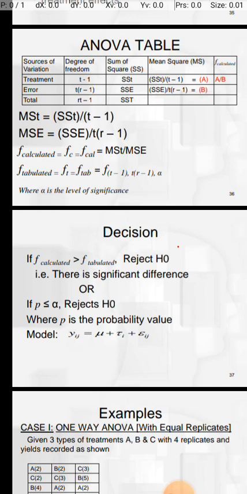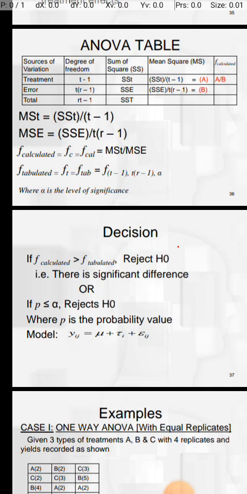Basically, I want you to know that the Anova table is made up of 5 columns. So we shall dig deep into it. I want you to be very attentive. Now, look at the first column.